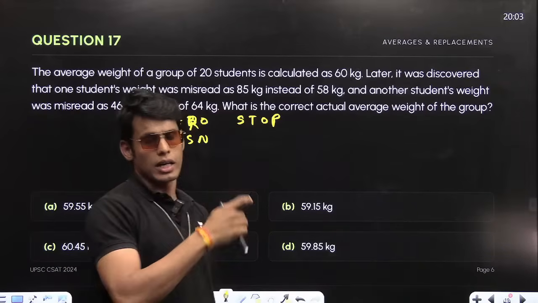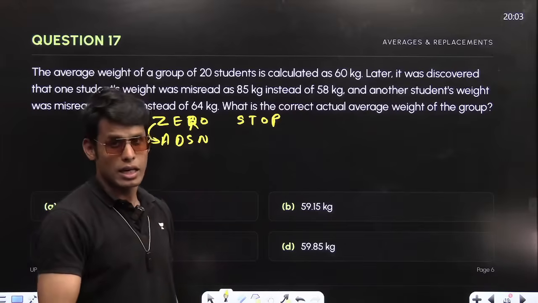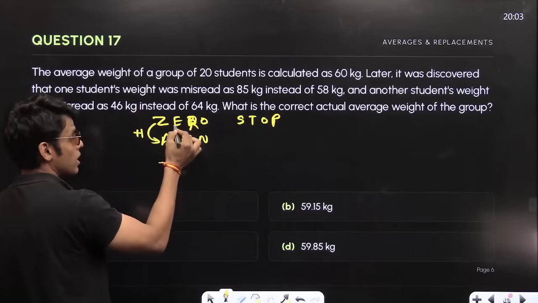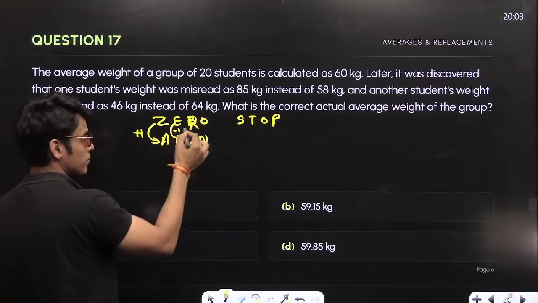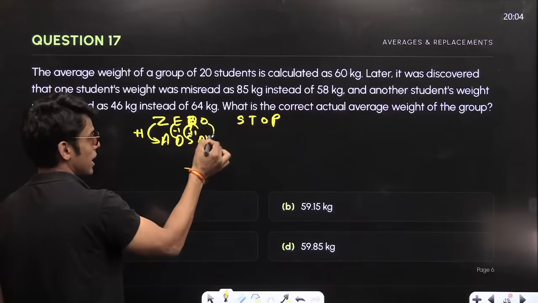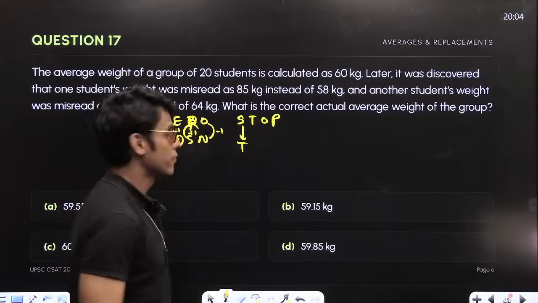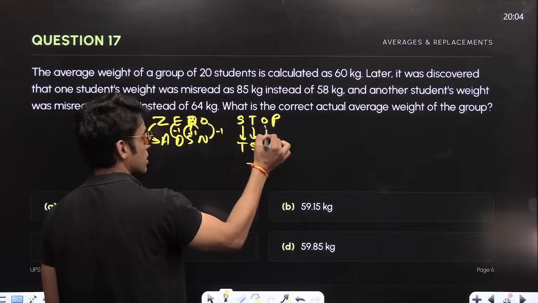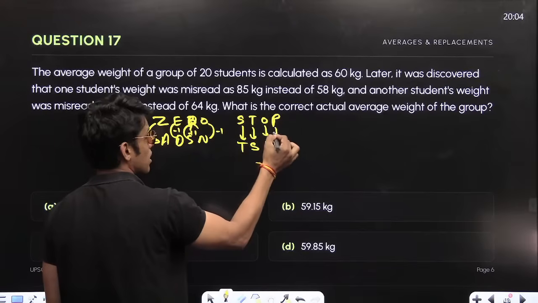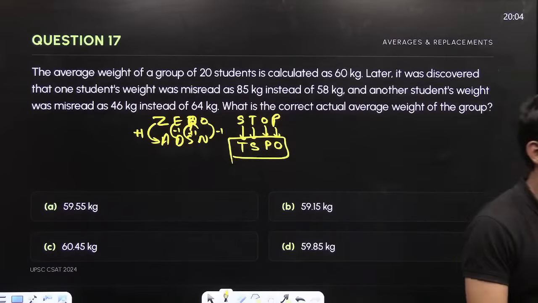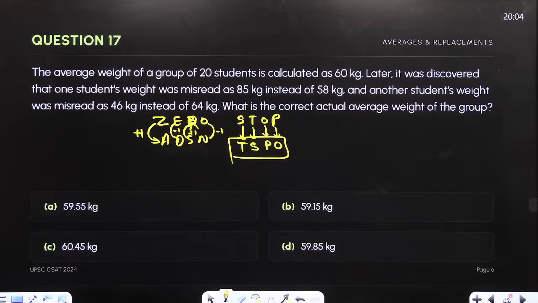We start from A, finish at Z, and then start again at A. A is the next from Z. So E is the previous, S is the next, N is the previous. Here, what is next from S? T. What is previous? This. Then next, OP. Previous, TSPO. So TSPO is going to be the correct answer for problem number 17. Okay.